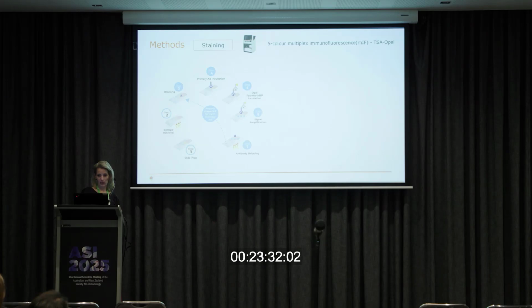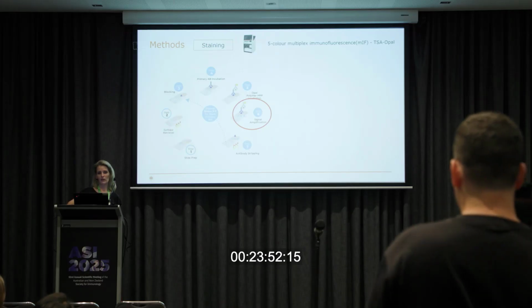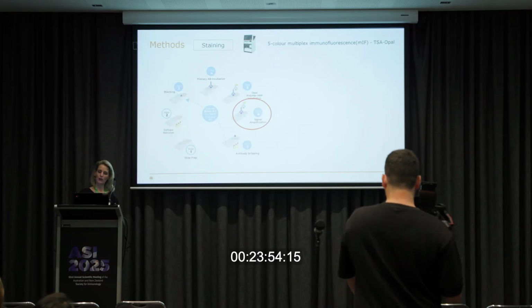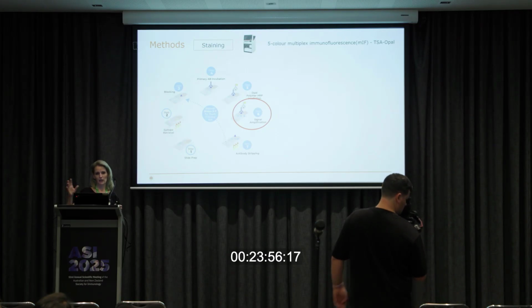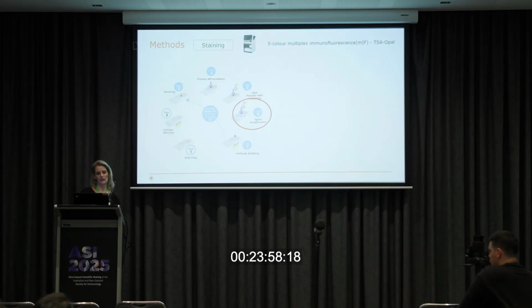The staining method we're using is one that a lot of you might be familiar with. It's the TSA system, tyramide signal amplification, where your primary antibody goes on, then a secondary HRP, and then you come in with the fluor attached. That's quite a good system because you get signal amplification, so you actually get an increase in the signal. The good thing is that you can strip that off with another retrieval step, and then go in with another primary that's raised in the same species.